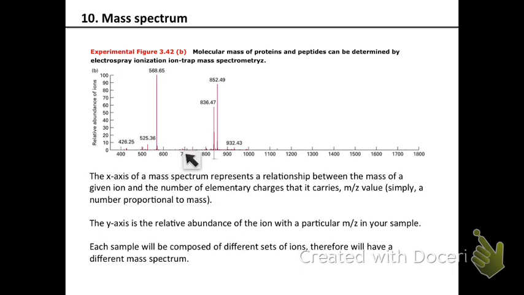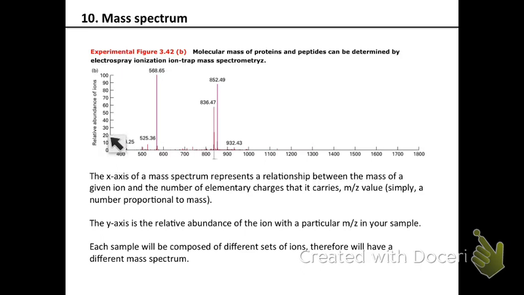Does that make sense? All right. So the x-axis of a mass spectrum represents a relationship between the mass of a given ion and the number of elementary charges it carries. It's usually just 1. So the m/z value basically is going to be a number proportional to mass. So in the x-axis, it's essentially the mass. In the y-axis is the relative abundance of the ion.